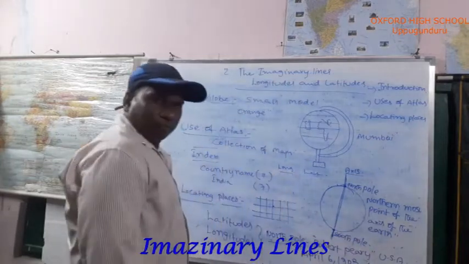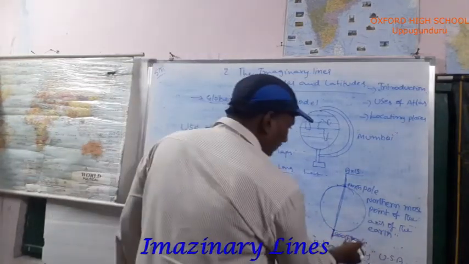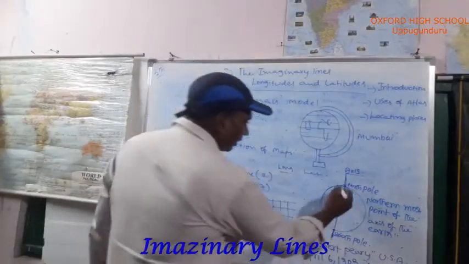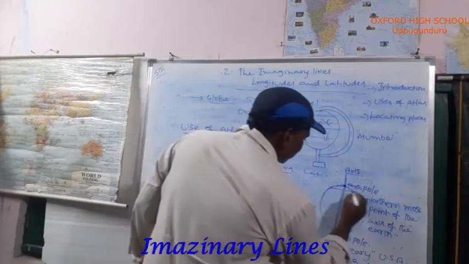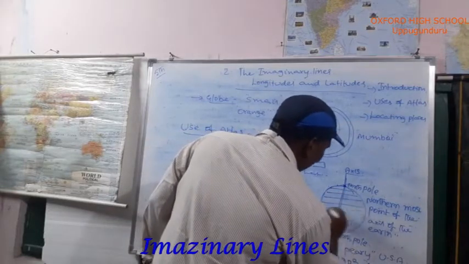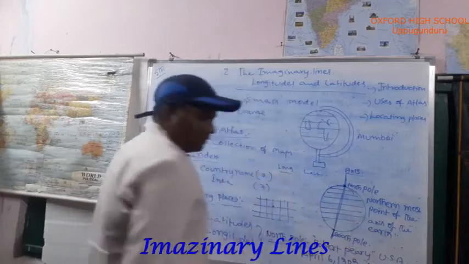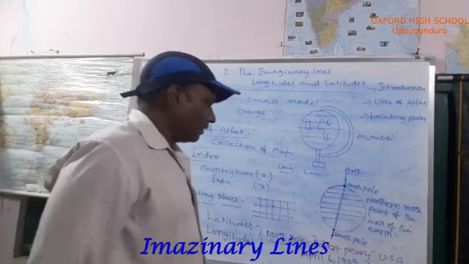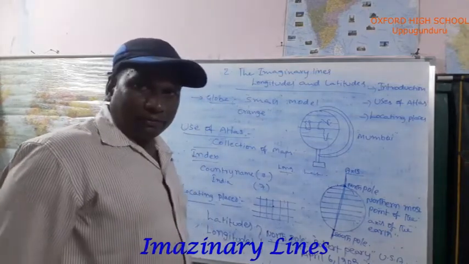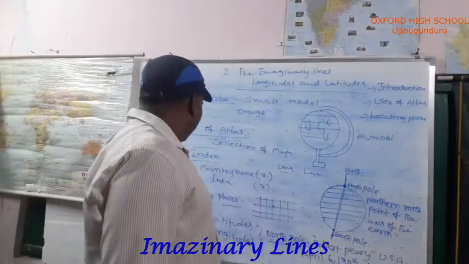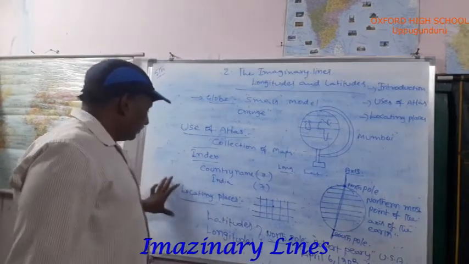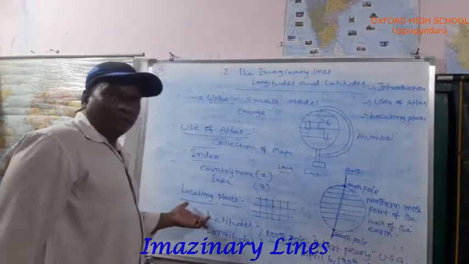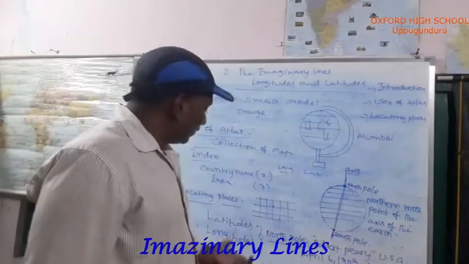South Pole: the southernmost point of the axis of the earth is called South Pole. These are two points, and parallels are drawn side by side. These are very important points in locating places.